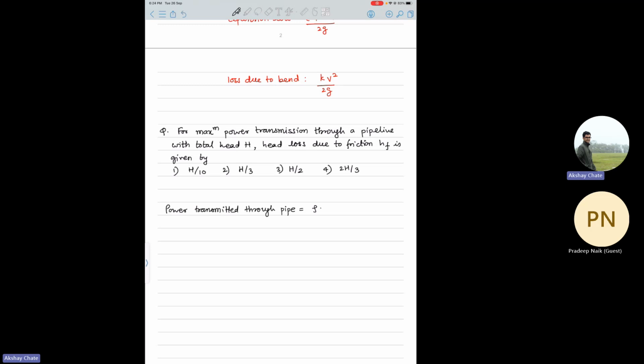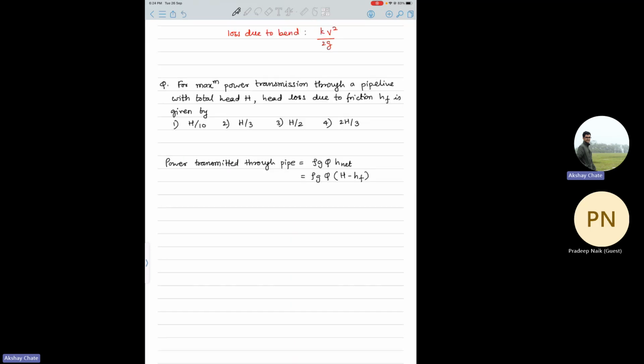It is rho g Q h net. So what is the net head across the pipe boundaries, inlet and outlet, multiplied by rho g Q. So basically it is m dot g h, energy per unit volume. That way you can remember this formula. But here the total head is actually capital H minus frictional head, right?